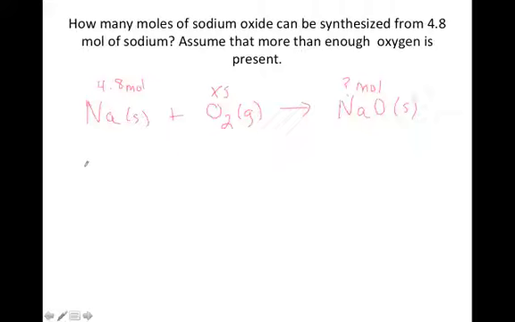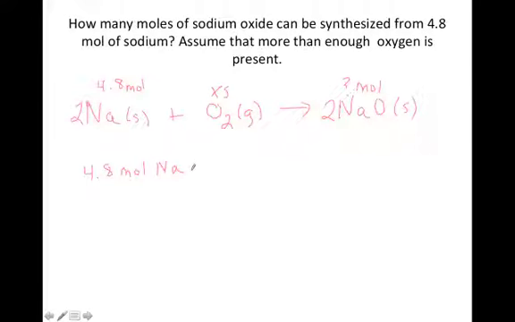So we start from our given, which is 4.8 moles sodium. We have to go back up here because we forgot to balance our equation. We need a 2 here, which makes us have a 2 here.